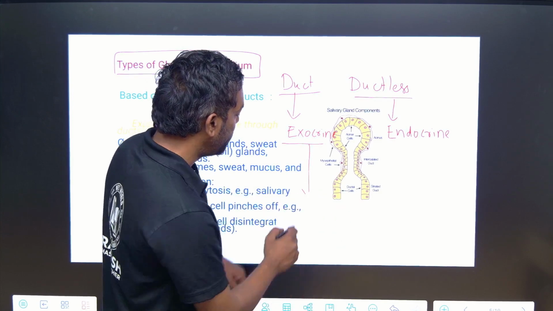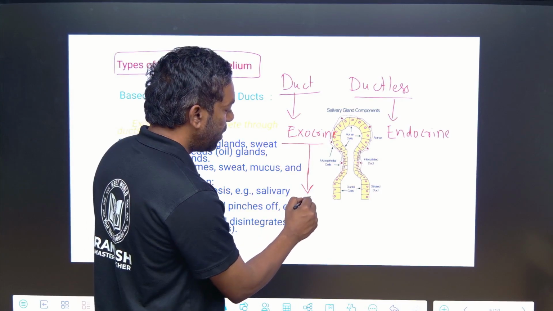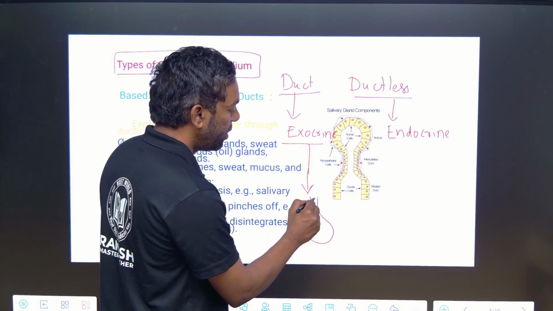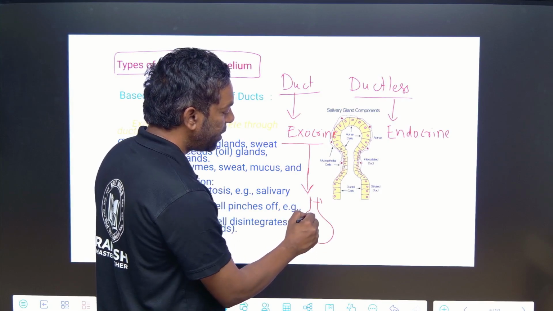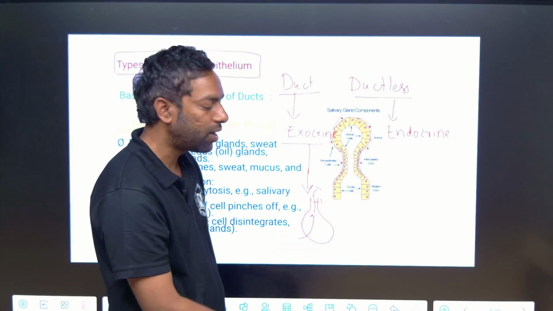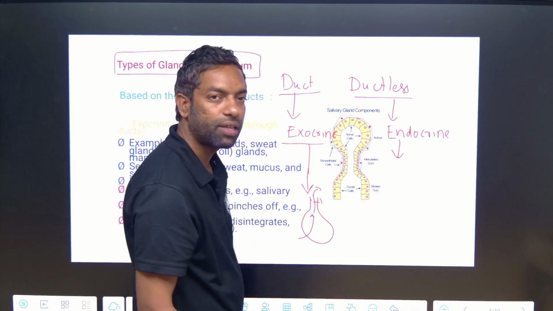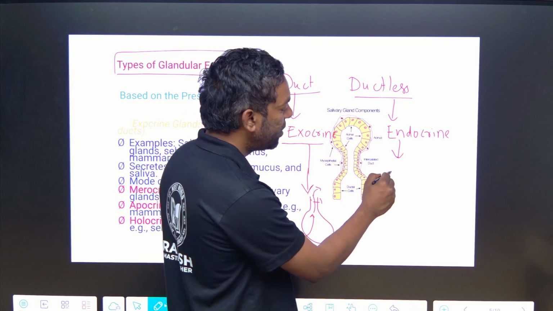If it is a sweat gland, this is the duct, and they secrete into the duct and carry it forward. If it is ductless, they secrete into the blood.